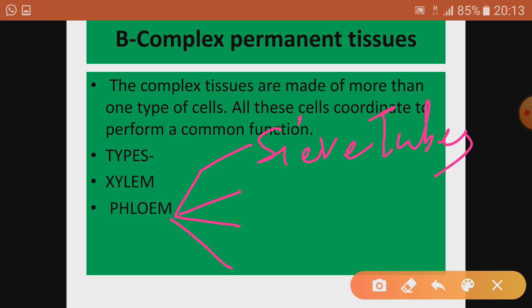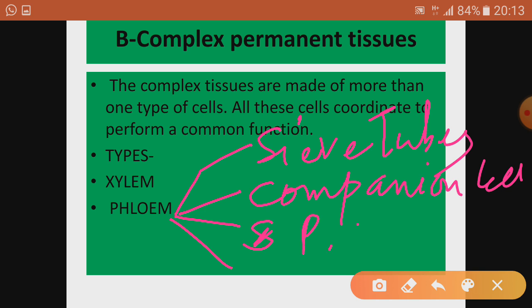Sieve tubes don't have a nucleus, so somebody will help them for the conduction of the food. That is their friend, the companion cell. Then we have got phloem parenchyma, as we were having xylem parenchyma, and we have got phloem fibers.